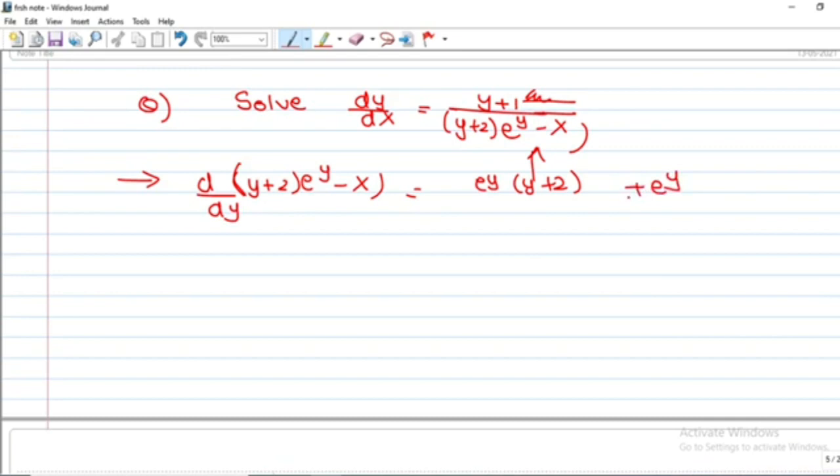So what you can make out is that when you differentiate, you don't get something like y plus some constant. So it is entirely different.